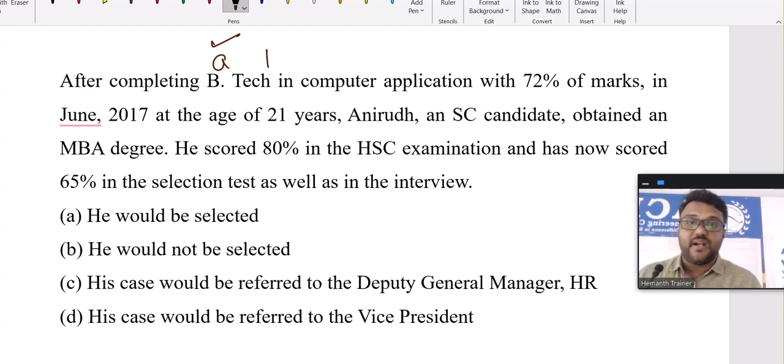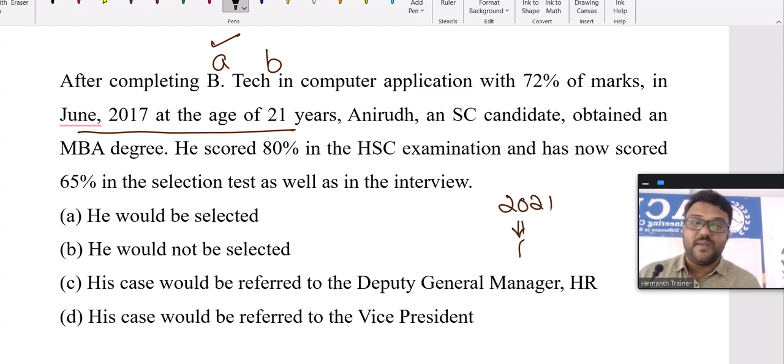Second condition regarding age. In 2017 his age is 21, but I think they refer to 2021. So by the time 2021, his age will be around 25 or 26, depending on the month and date, but no problem. It should not be more than 27. It's not crossing 27. So age condition B also satisfied.